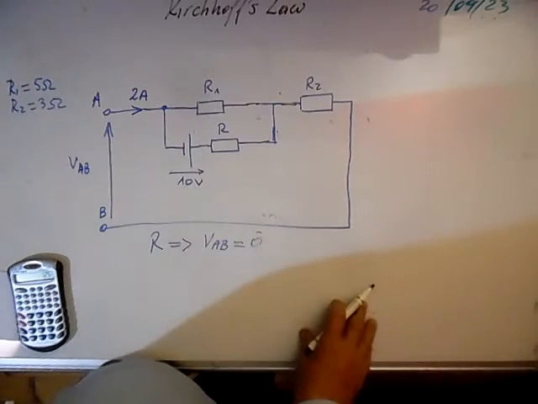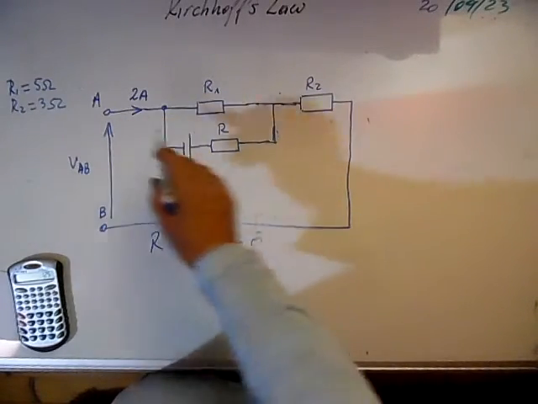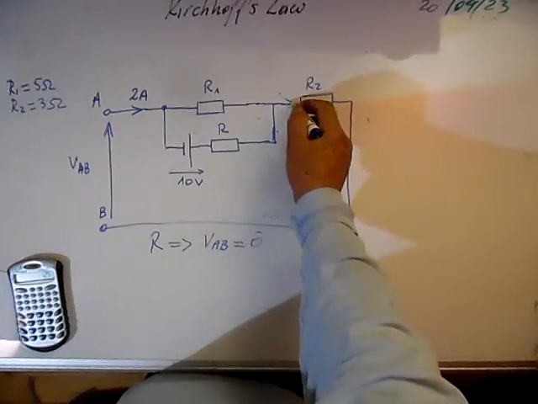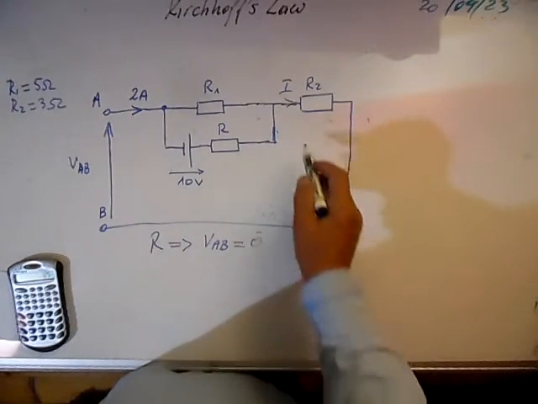We are going to use Kirchhoff's law. If a current of 2 amps flows here, it means that a current of 2 amps flows here as well.